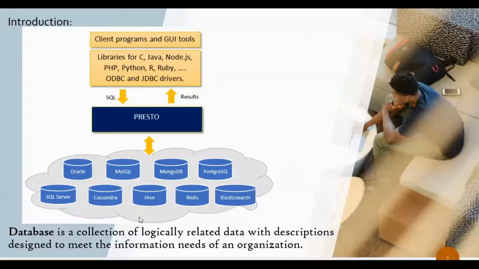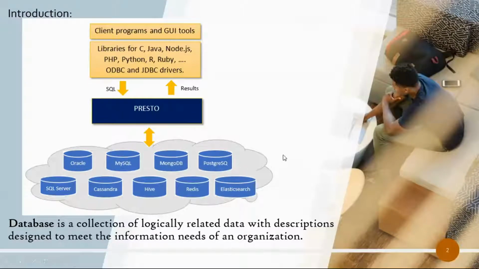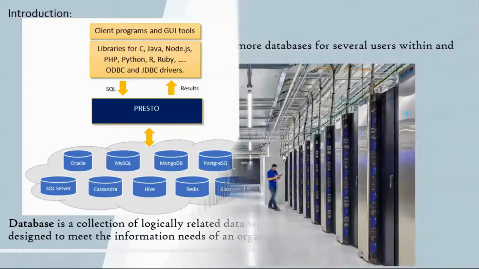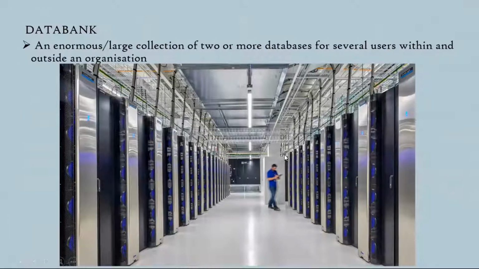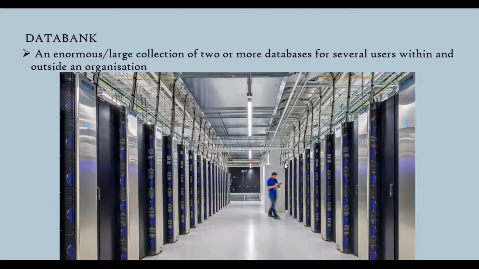Now, we have what we call a data bank. A data bank is simply a large or enormous collection of two or more databases. Within an organization, you can find that it has more than two databases.